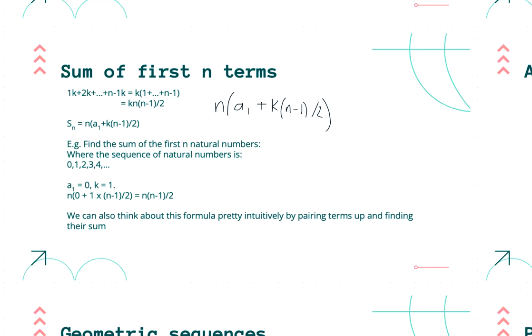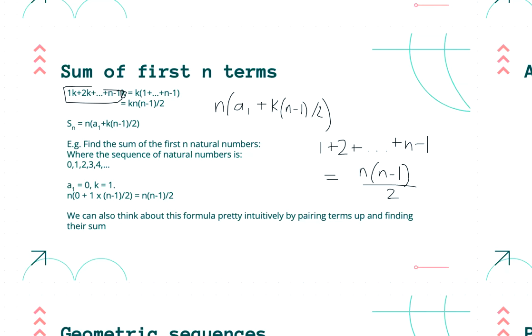Right, because we know that the sum of all the numbers 1 plus 2 plus all of that and so on until n minus 1 is going to be equal to n times n minus 1 divided by 2, right?